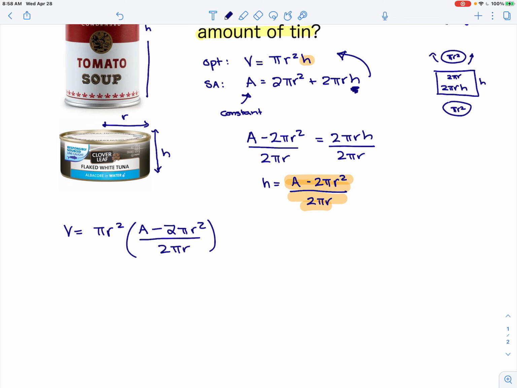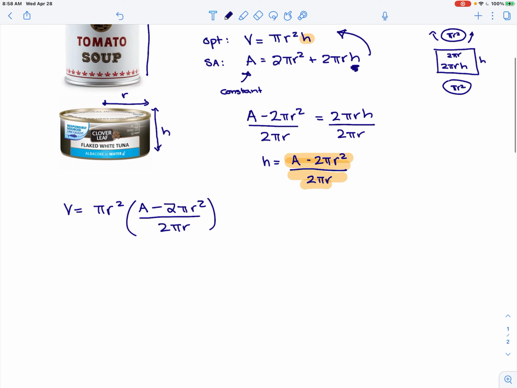Now I can clean things up a little before I take the derivative. I've divided by a pi and one of the r's, and then I bring that r inside. So I have A r minus 2 pi r cubed, and everything's over 2, so I'm going to put a half here. Let's clean that up one more step.